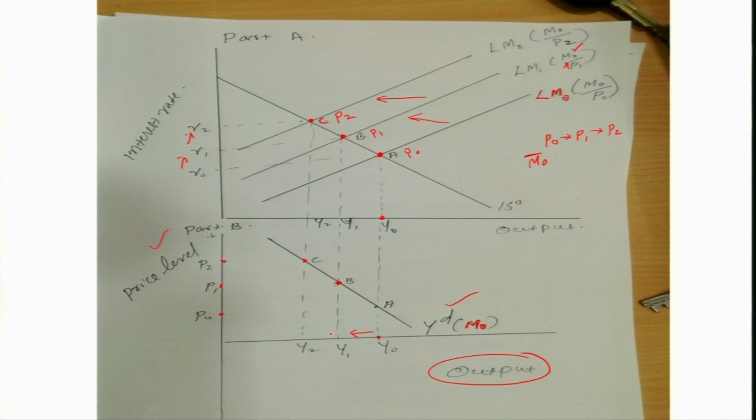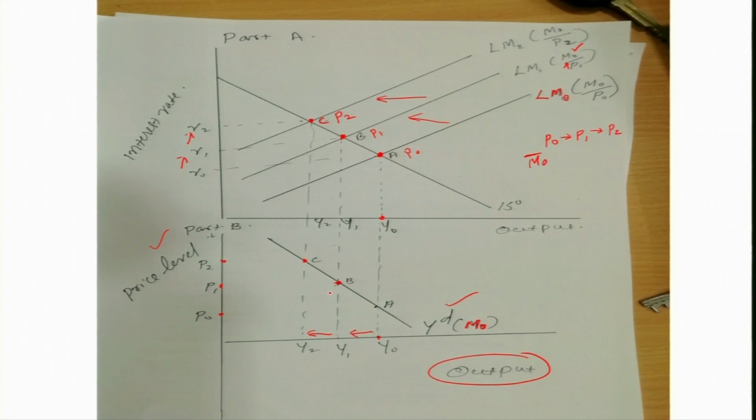When the price level increases, the demand decreases. That means we are seeing an inverse relationship between price level and aggregate demand. This is the way that we can derive an aggregate demand curve from the IS-LM model.